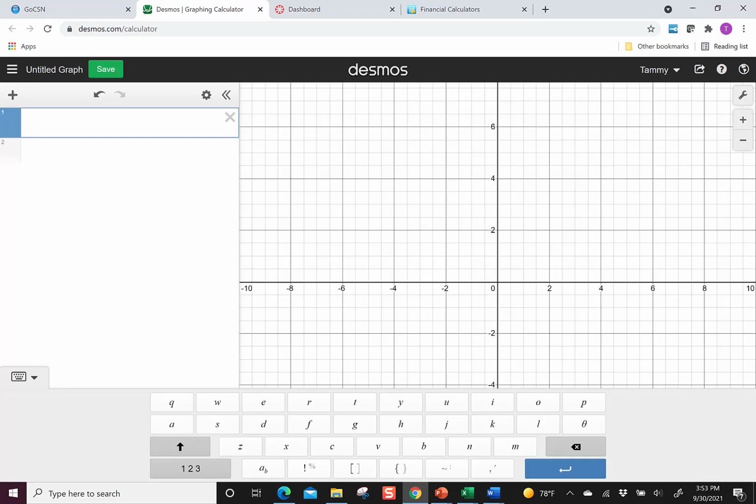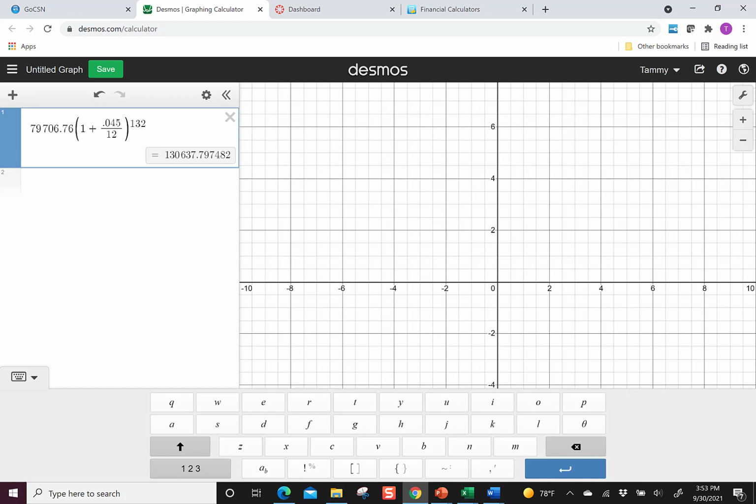So for this, I'll go to Desmos. I have 79,706.76, parentheses 1 plus 0.045 divided by 12, close my parentheses, I go to my exponent, and luckily we already multiplied that out to 132.